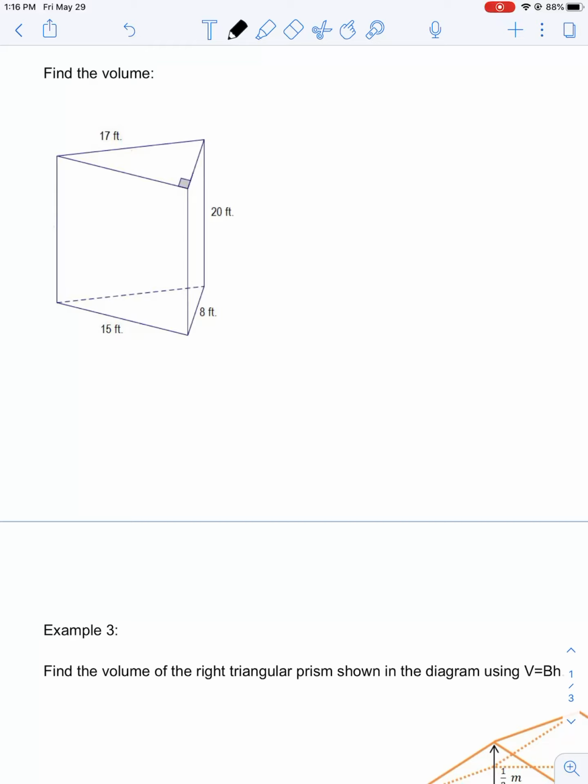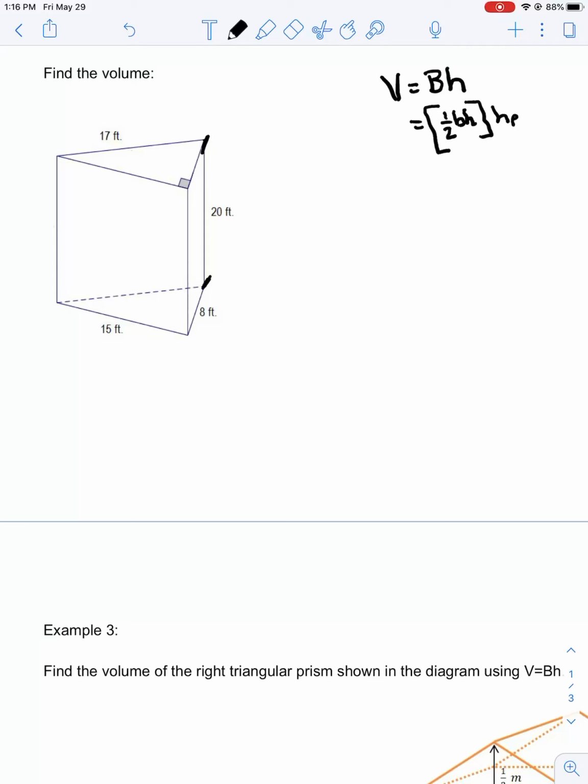So we have volume equals capital B H, but in this case, the area of the base is 1/2 base times height of the triangle, times the height of the prism. The height of the prism is the distance between one triangle and the other.